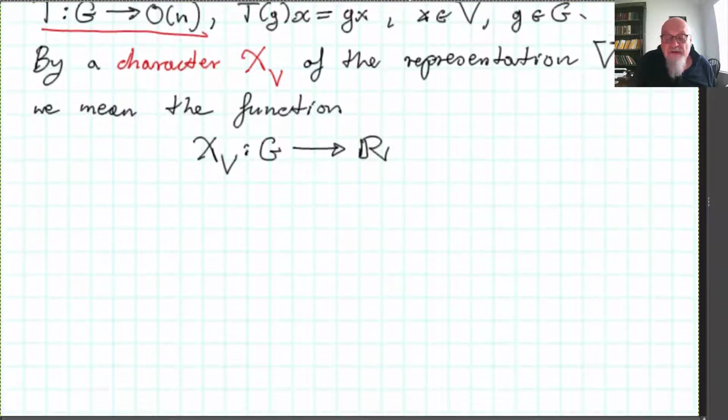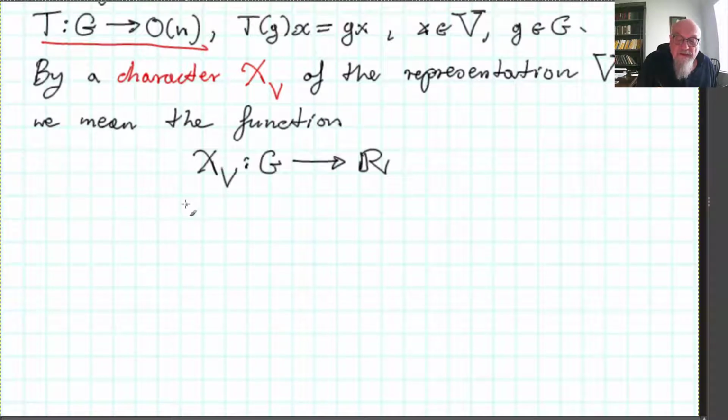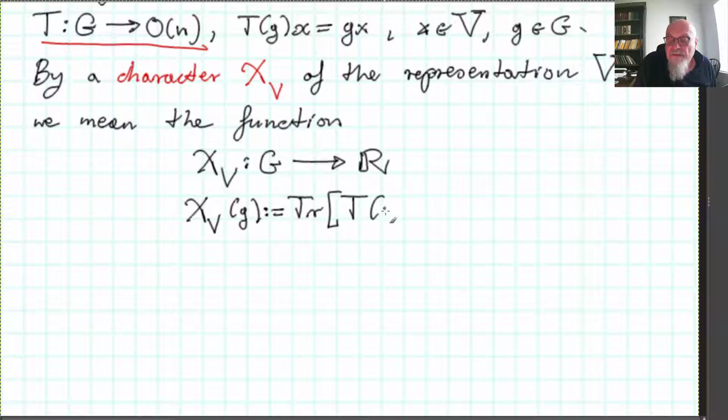In this case, χ_V on any element g belonging to G is by definition the trace of the matrix of g.